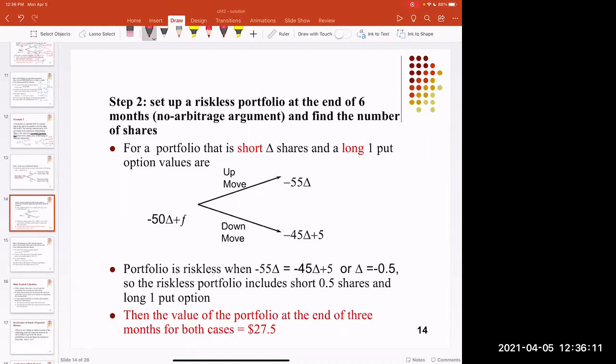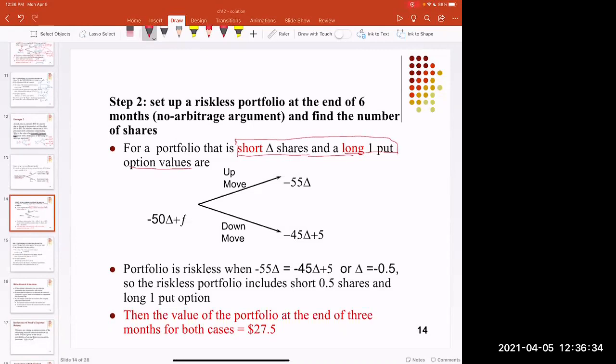For the put option, we short shares and long a put. Again, you can do long share and short put, same thing, so you should get the same answer. But this is the more traditional way. Short delta shares, and long one put option.